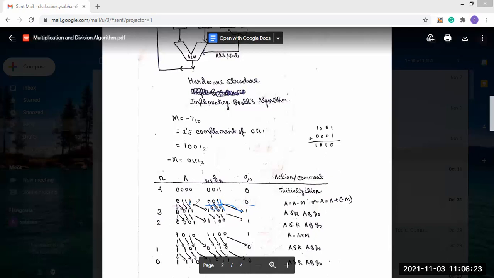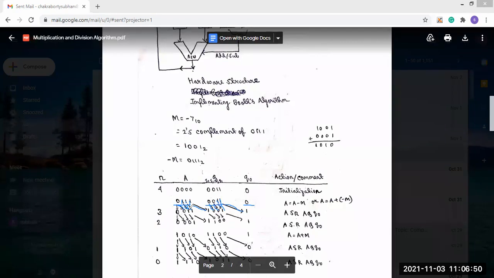Each bit shifts one position right, and in the vacant position a 0 comes in, because only one bit is shifted.